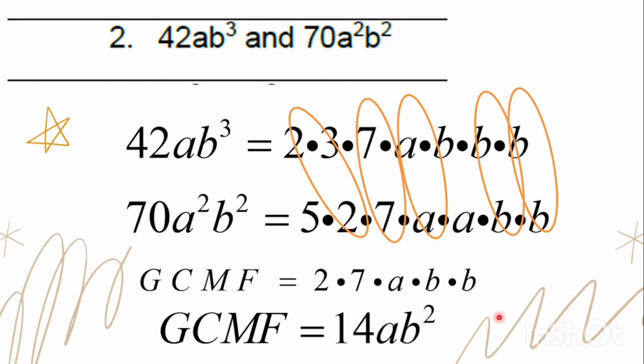So the GCMF, or the greatest common monomial factor, is 14AB squared.